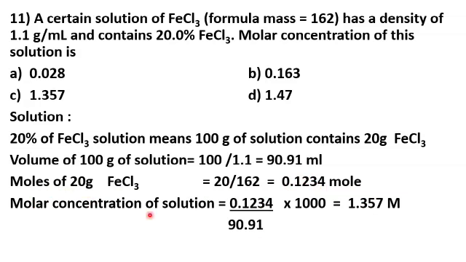Then the molar concentration of the solution can be calculated by using the formula number of moles divided by volume of the solution in liter. So to convert milliliter to liter, you have to multiply by 1000. So you will get an answer of 1.357 molar. Hence the correct option is C.